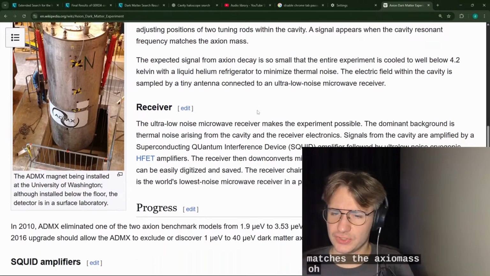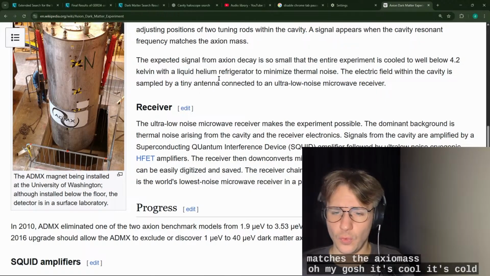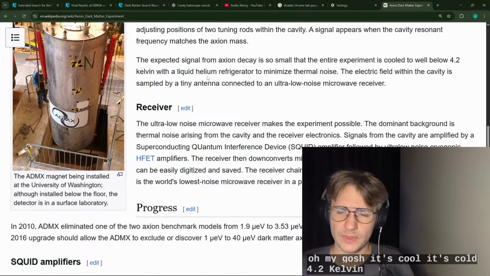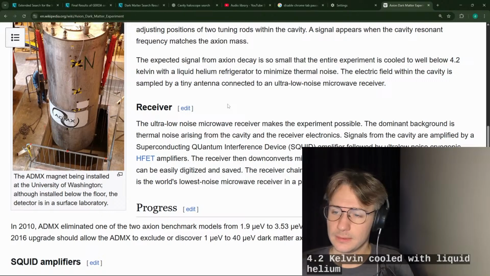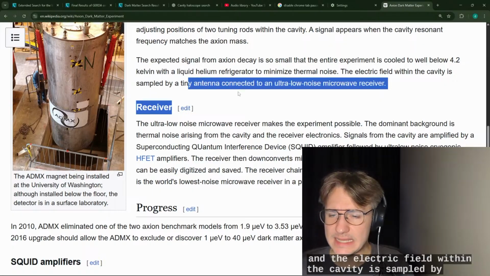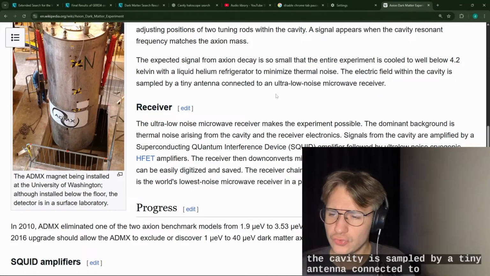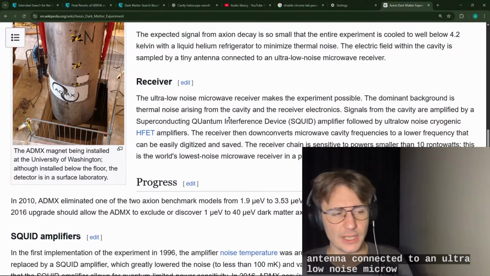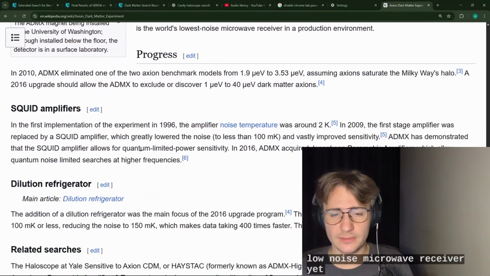Oh my gosh, it's cold. 4.2 Kelvin, cooled with liquid helium. And the electric field within the cavity is sampled by a tiny antenna connected to an ultra-low noise microwave receiver. Yep. Fancy electronics, you got it.